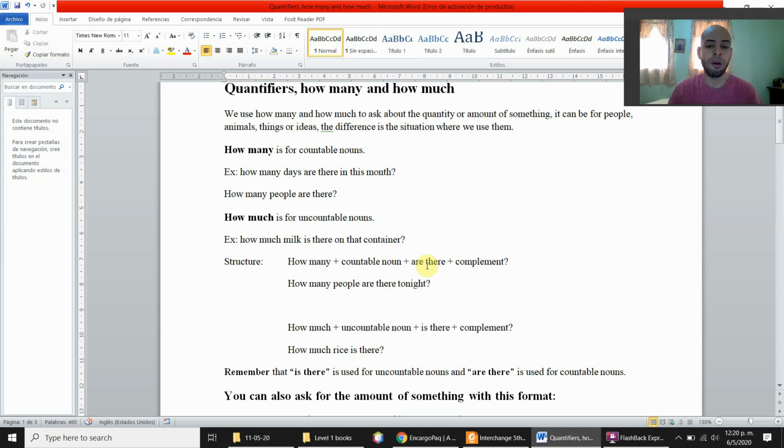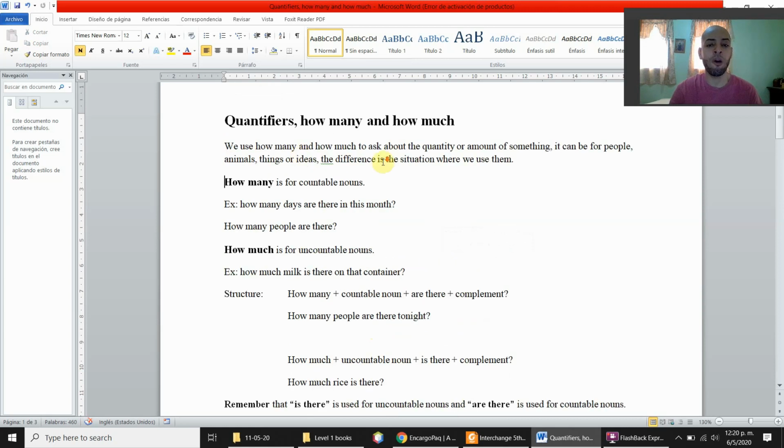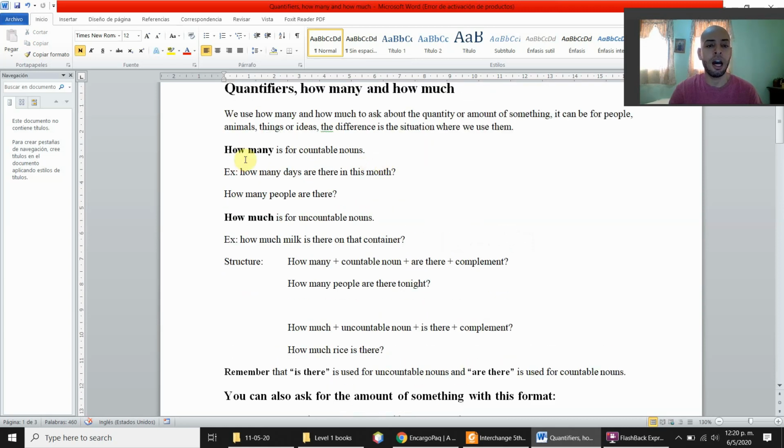And remember, on the last grammar we talked about are there and is there. Is there is used for uncountable nouns, and are there is used for countable nouns in plural. Because yes, these questions with how many and how much are made assuming that the noun is plural or an uncountable noun, because we're asking about the amount.